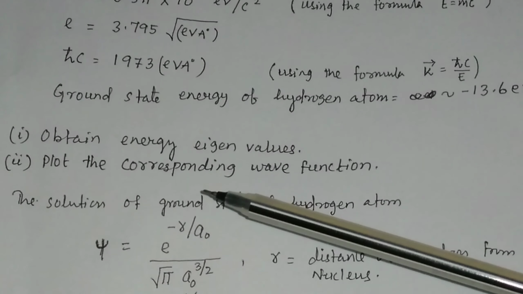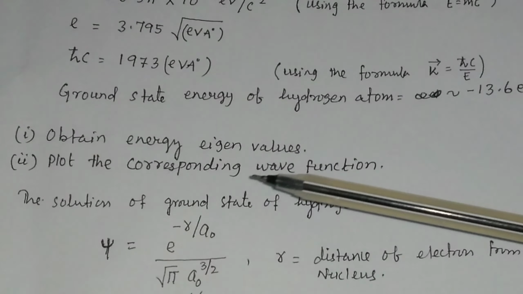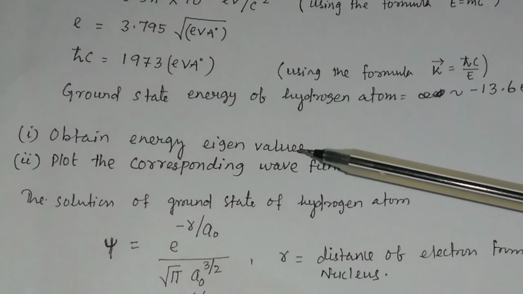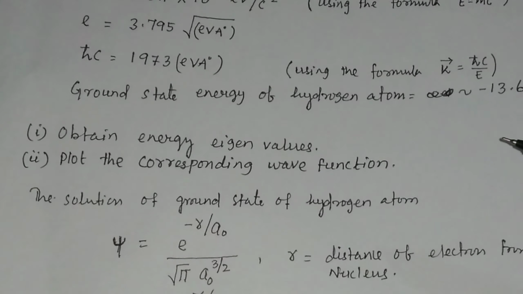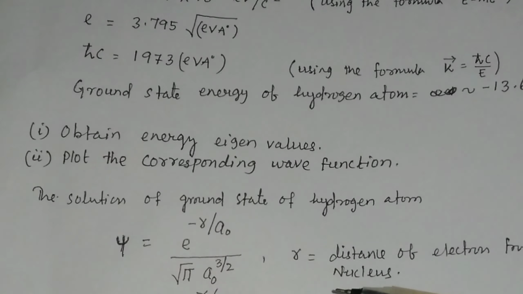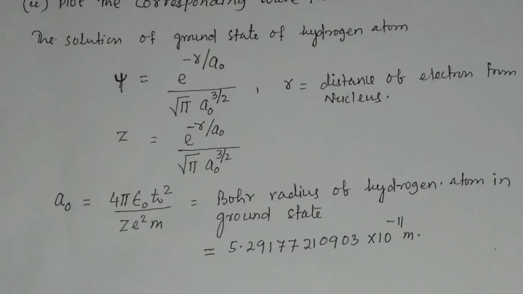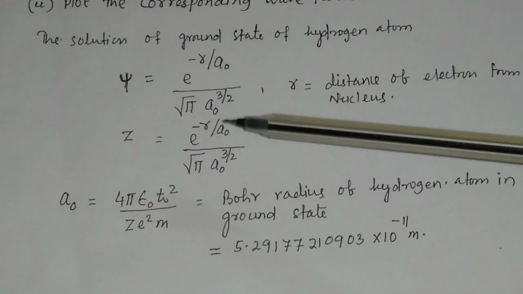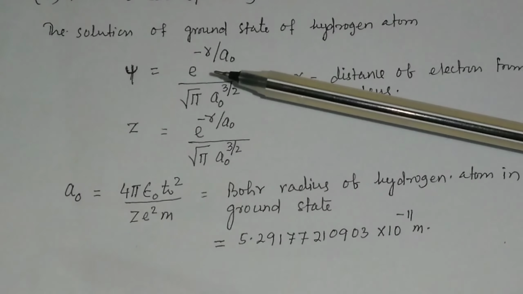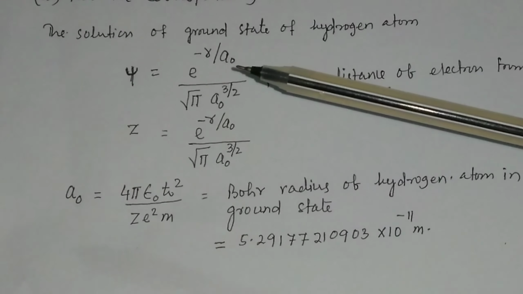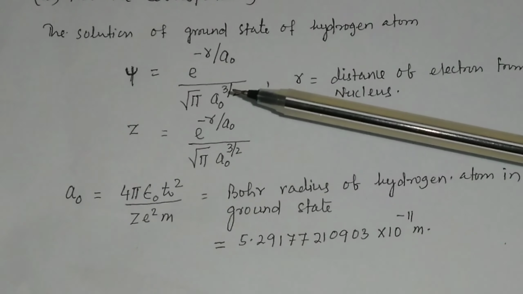In the question, it is given to obtain the energy eigenvalues and plot the corresponding wave function. As you know, the ground state energy of the hydrogen atom is equal to minus 13.6 electron volt, and the solution for the ground state of the hydrogen atom, we generally write psi equal to e to the power minus r divided by a naught, whole divided by square root of pi a naught to the power 3 by 2.